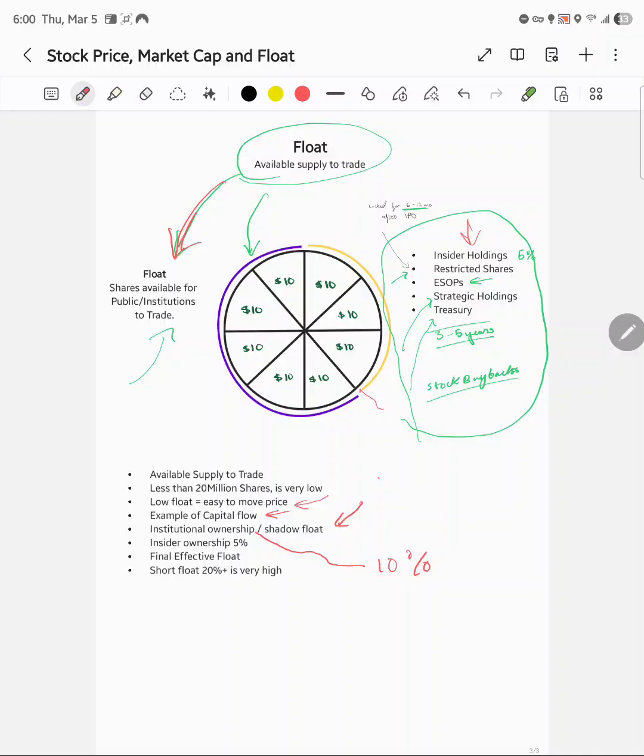If it's saying 10% institutional ownership, it's not saying 10% of the float. It's saying 10% of the whole pizza. Okay?